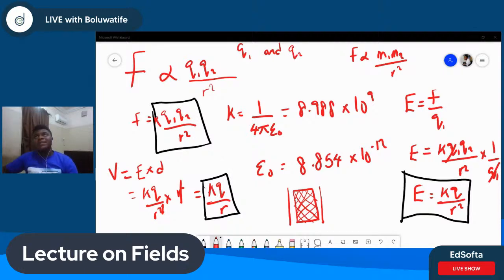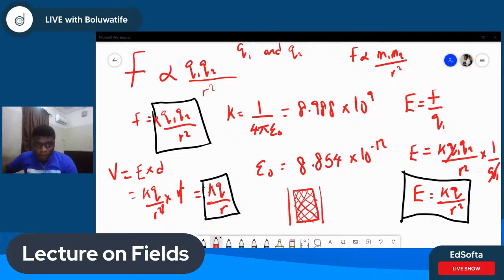Then it depends on the surface area. Remember, the smaller the surface area, the bigger the resistance, and the bigger the surface area, the smaller the resistance, which we spoke about earlier in electricity. So the bigger the surface area, the bigger its ability to store charges. The smaller it is, the harder it is. Then length also affects it.